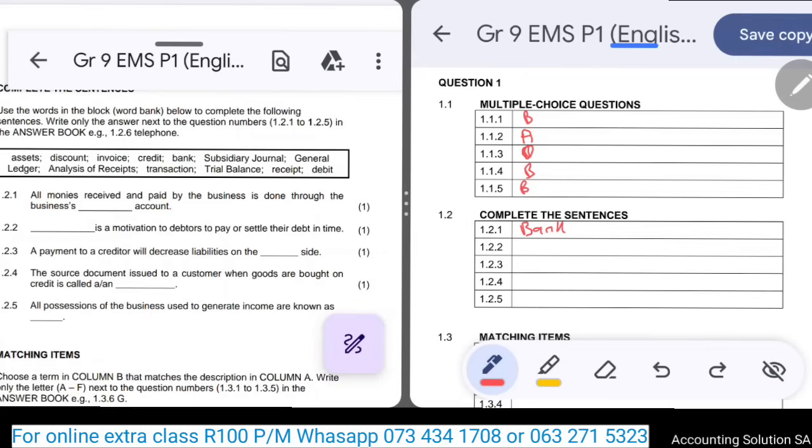Guys, if you give a debtor a discount, if you give a customer a discount, they're going to pay in time. Okay? A payment to a creditor will decrease liability on the debit side. If we pay our creditor, liability decreases on the debit side.